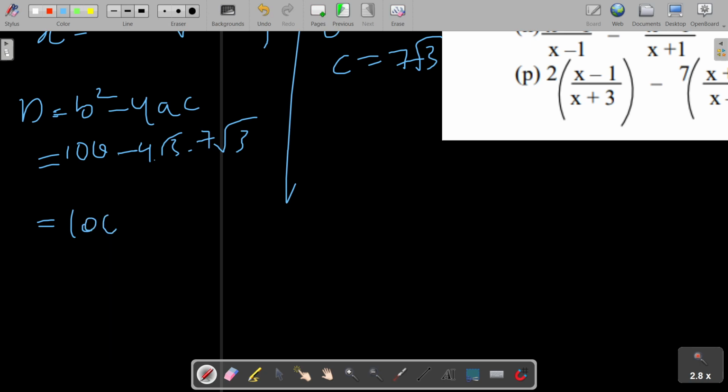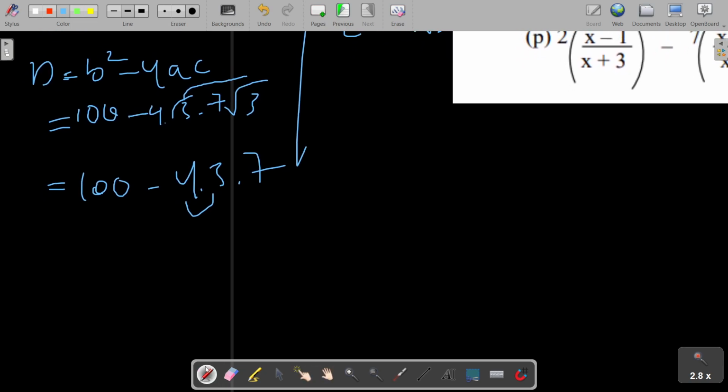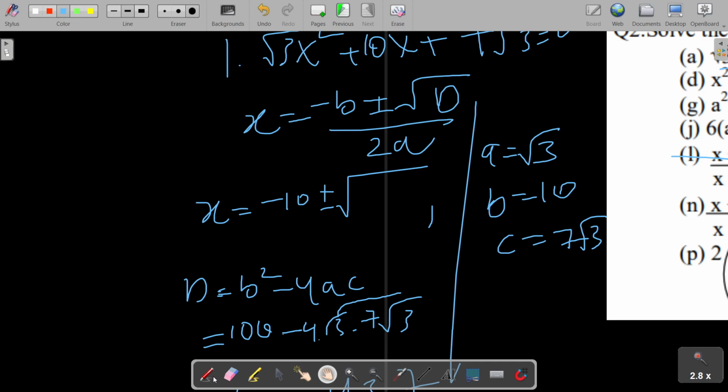Root 3 times root 3 is 3, so it becomes 4 times 3 times 7. 4 times 3 is 12, and 12 into 7 is 84. So we get 100 minus 84, which is 16. So we got our discriminant as 16.